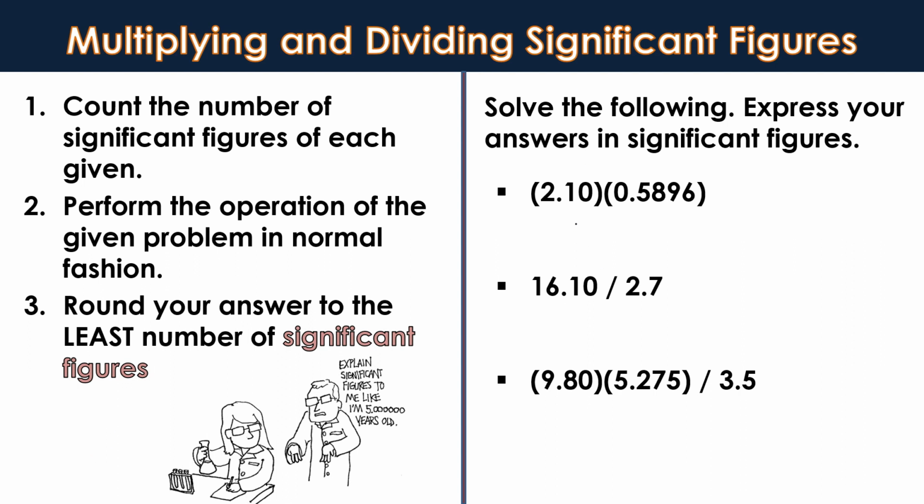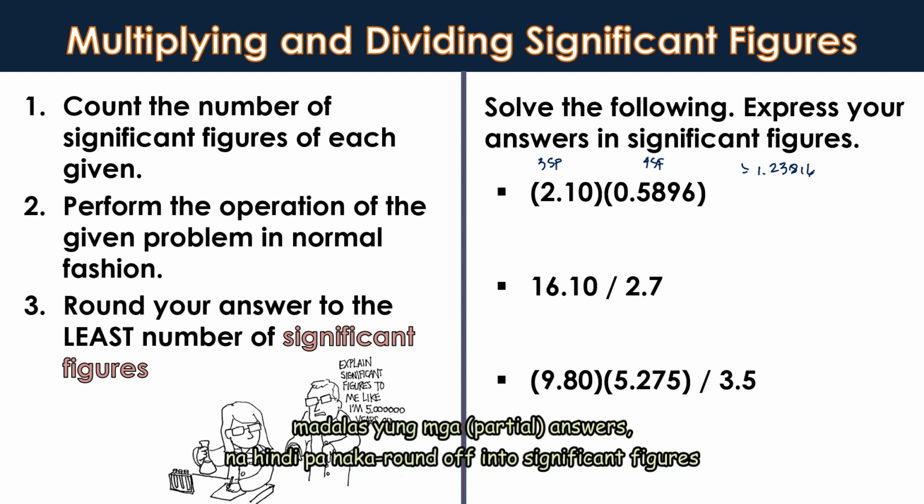So we have here on the right side 2.10 being multiplied to 0.5896. So yung 2.10, it has 3 SF. Yung sumunod na given, it has 4 SF. So pag multiply natin ito, we will have 1.23816. In most cases, i-add ko lang ito if our answer is in continuous decimal.